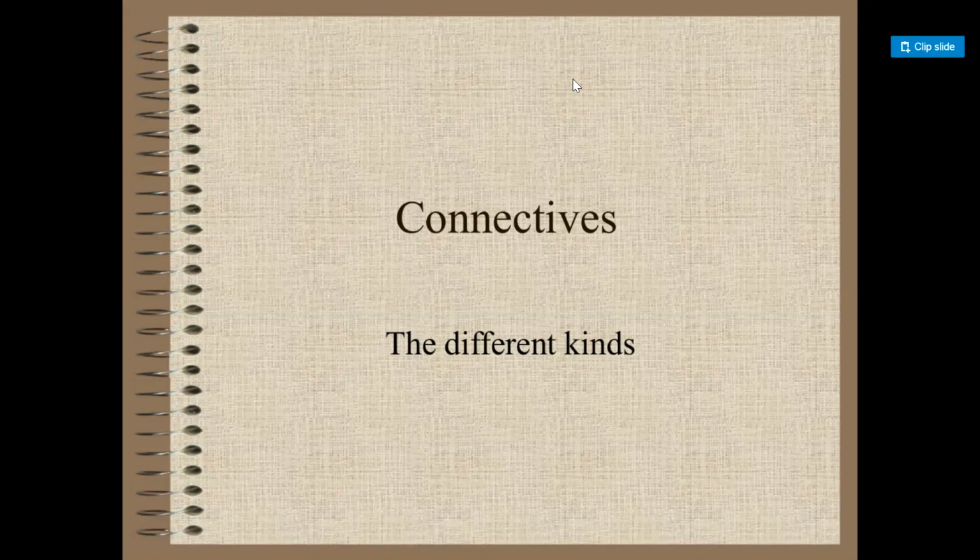Today we are going to focus on connectives and the different kinds of connectives we have. What do we understand by the word connectives? When we say connective, it talks about some kind of a connection. So these words or phrases which are used as connectives are helpful for us to link sentences, or to make a proper sentence by the use of these connectives.